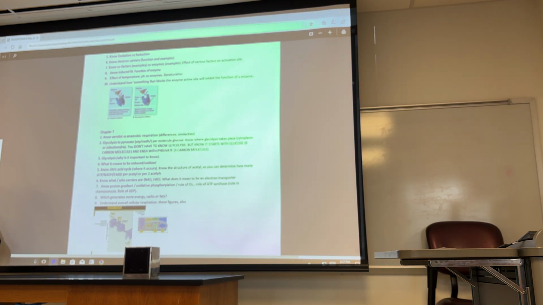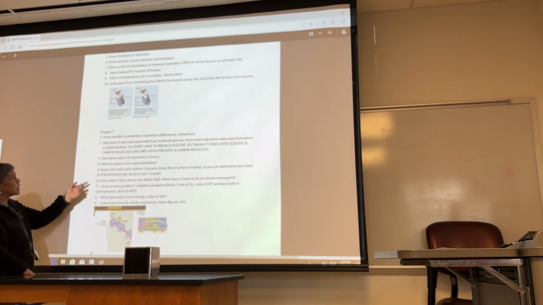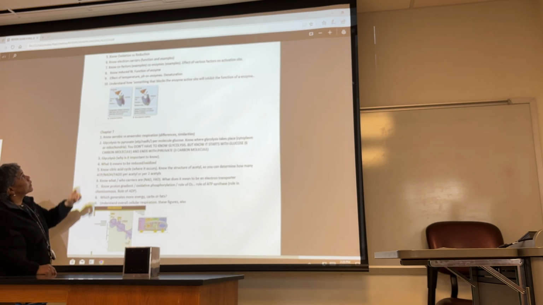Electrons are negative, with very little contribution to size. The way I remembered it in high school is that when you're accepting something that is negative, that is less, you become reduced. You have to find a way to understand and remember these things. So that's what reduction and oxidation is.